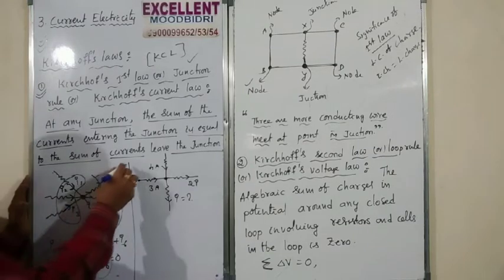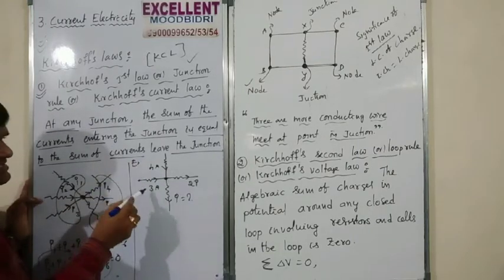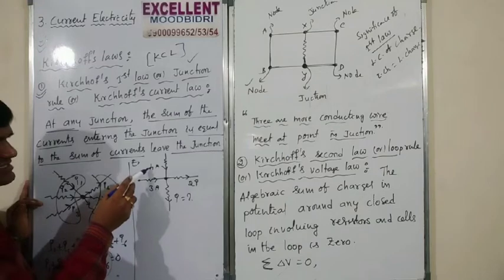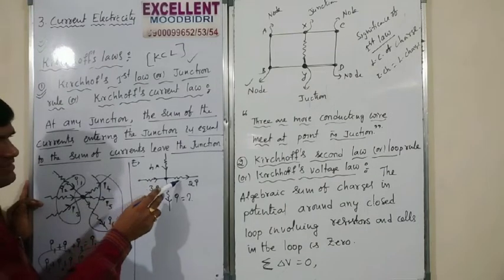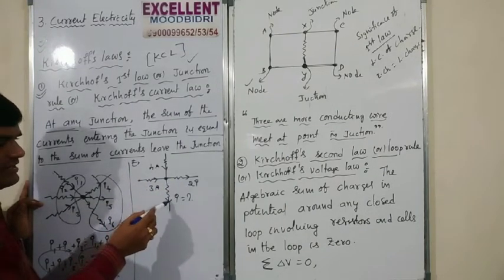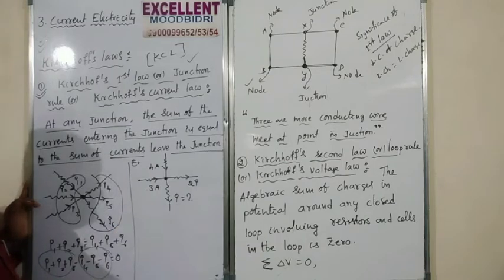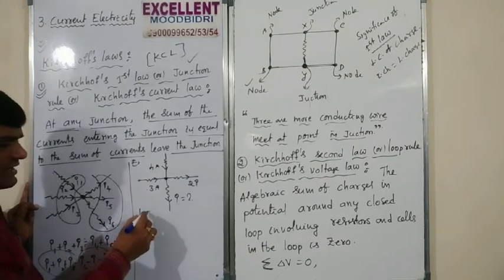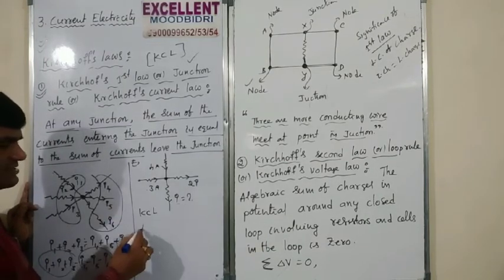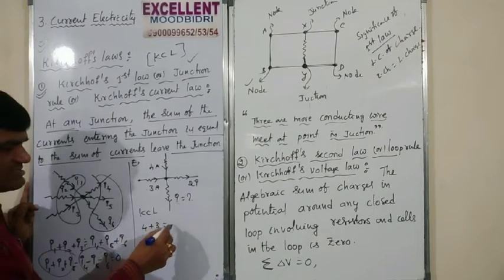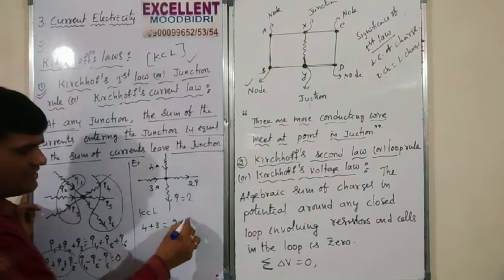Right. One example I have given once, you can observe there. This is 3 amperes, this is 4 amperes, and the leaving current is 2 amperes. And the leaving current I is equal to how much? According to Kirchhoff's current law, the sum of entering current is equal to the sum of leaving current.